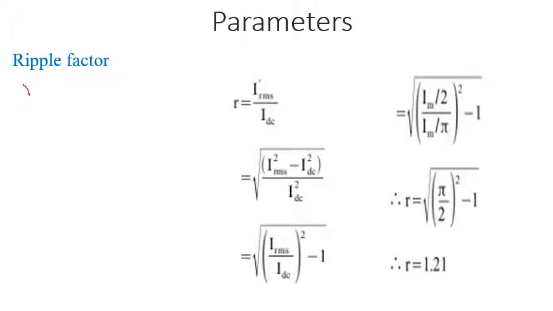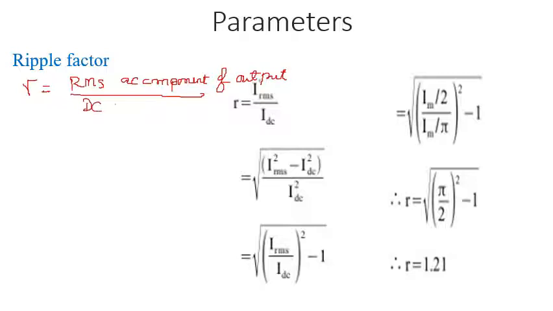Ripple factor is termed as gamma, which is the RMS value of the AC component of output to the DC component of output. It gives you a ratio of AC to DC at the output.